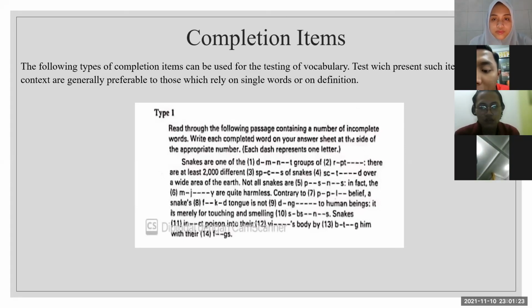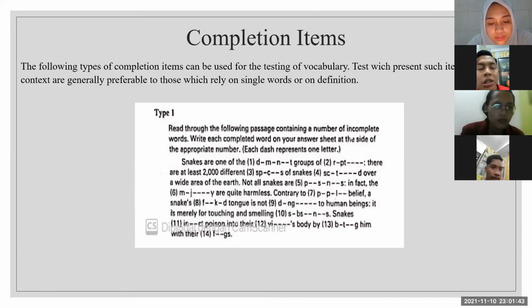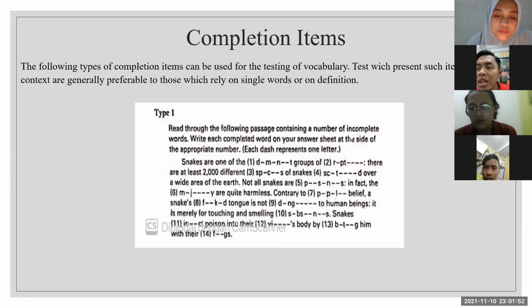Completion item. The following type of completion item can be used for testing vocabulary. Tests which present such items in a context are generally preferable to those relying on single words. I think the student should complete it, for type 1, because when they can complete type 1, they will know the answer. It is like what we did in elementary school.